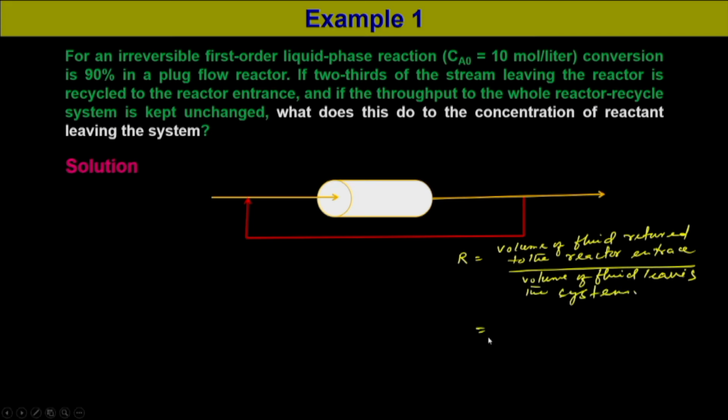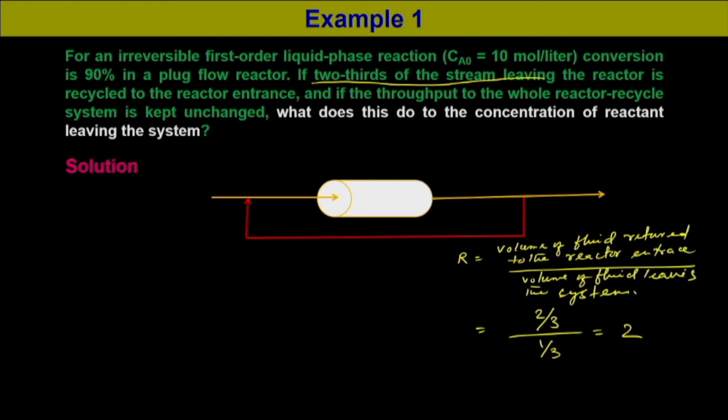As 2/3 of the stream leaving the reactor is recycled, the volume of fluid leaving the system is 1/3. So, R is equal to 2. The recycle ratio we get over here is 2.